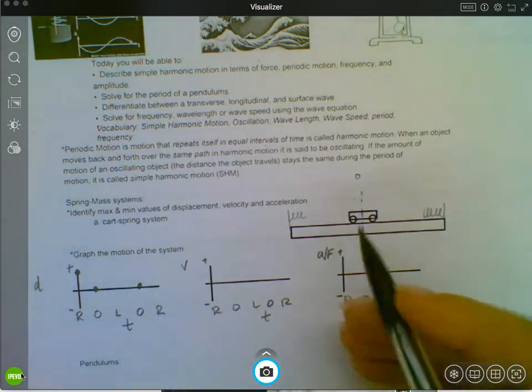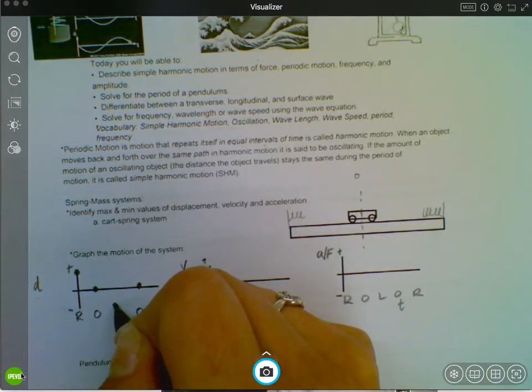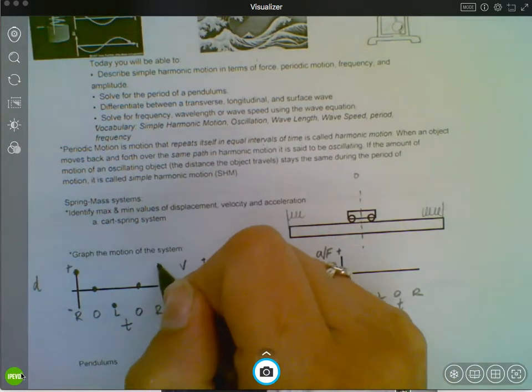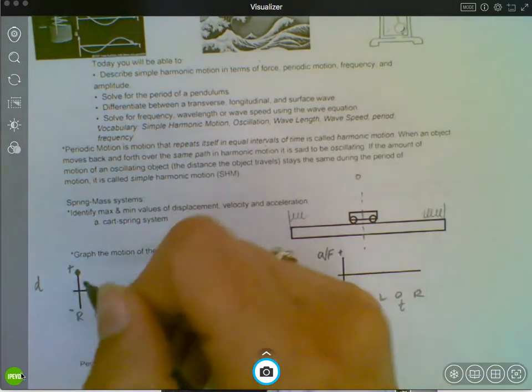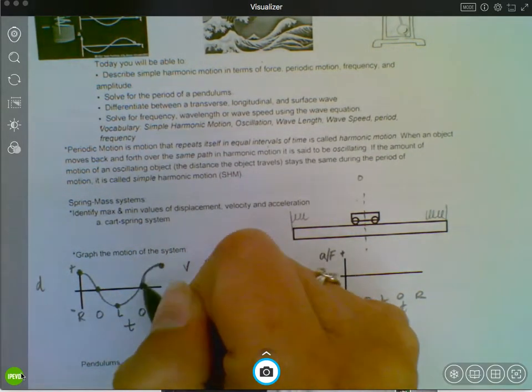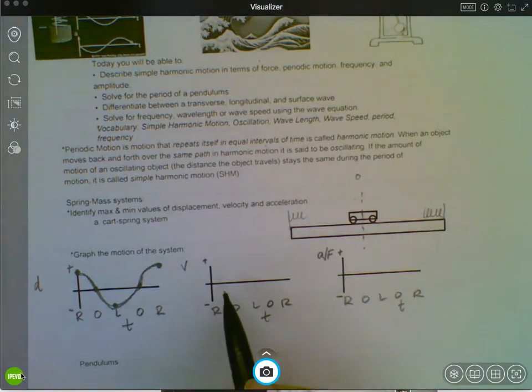At the left, its displacement would be negative, as far negative as we can get. Then when it goes back to the right again, it'll be positive again. So this graph would look something like that.